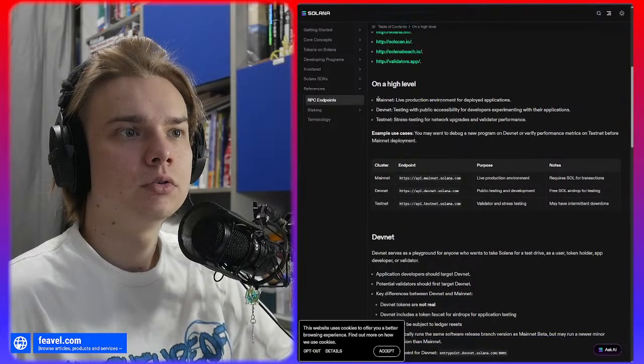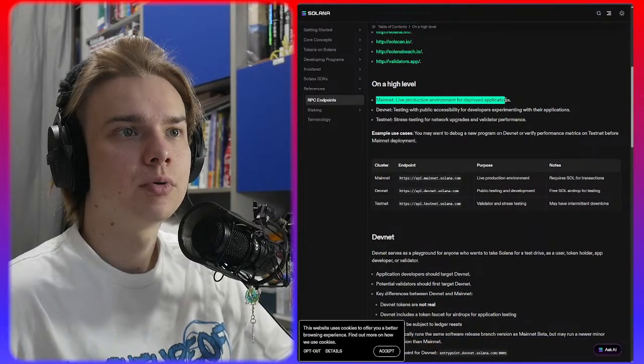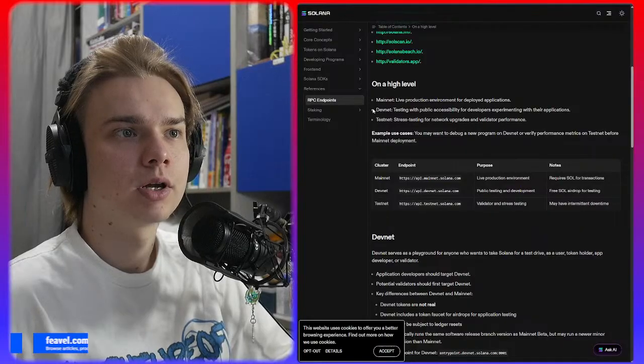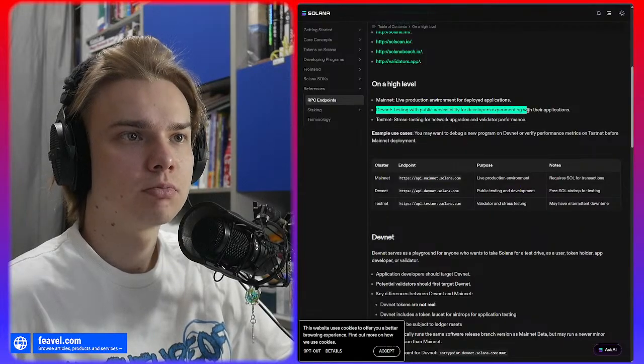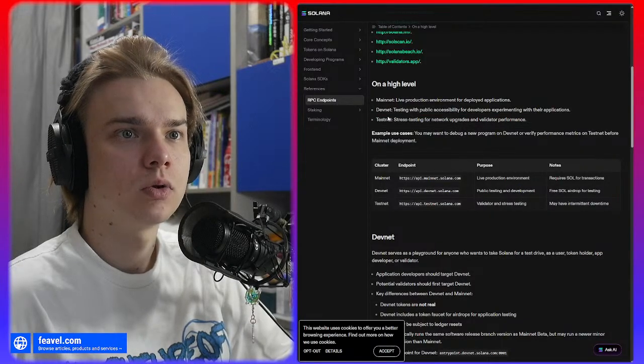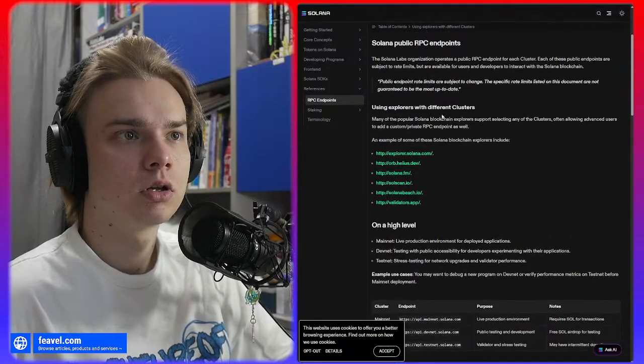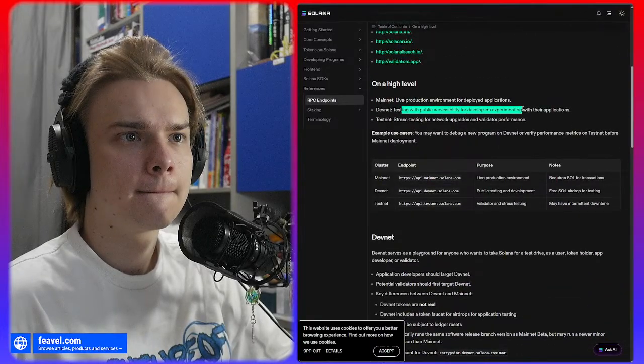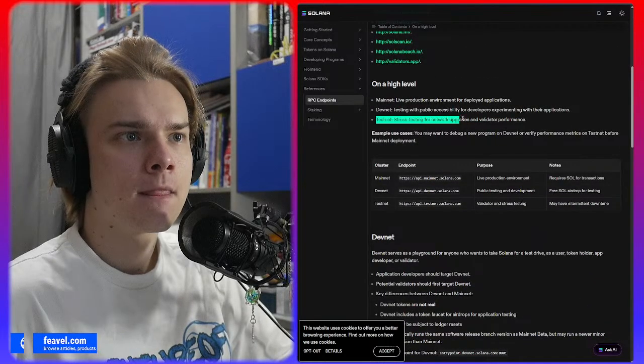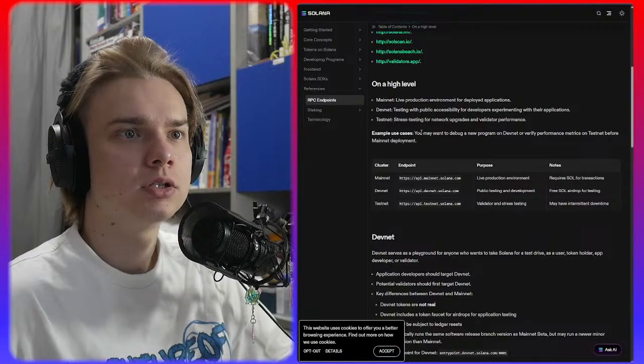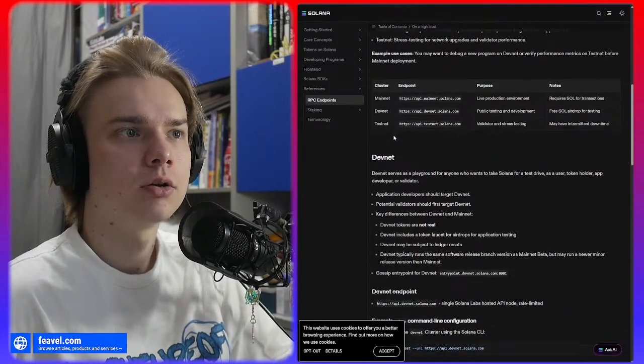On a high level, mainnet is the live production environment for deployed applications. Devnet is for testing with public accessibility for developers to experience the applications. Testnet is for stress testing network upgrades and validator performance. Okay.